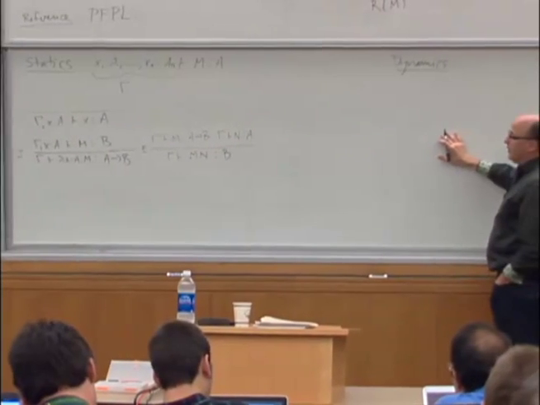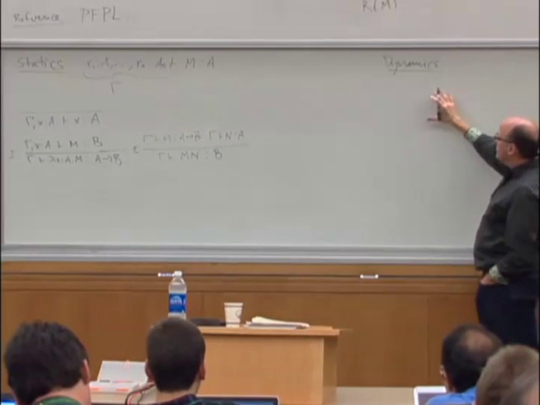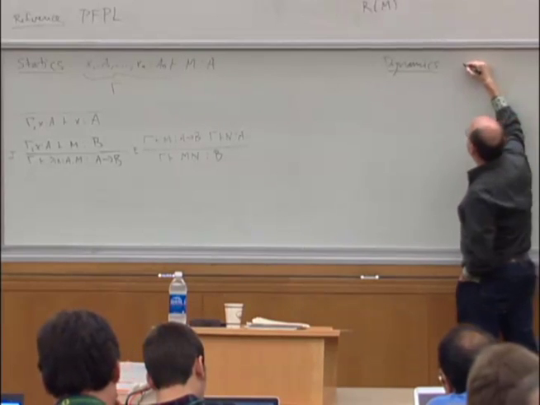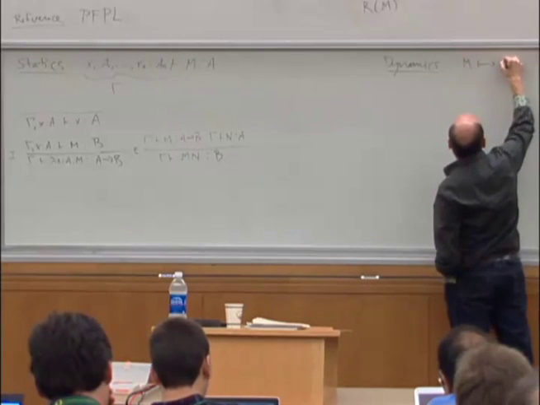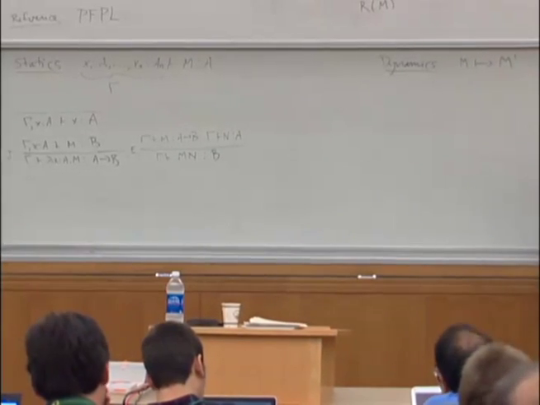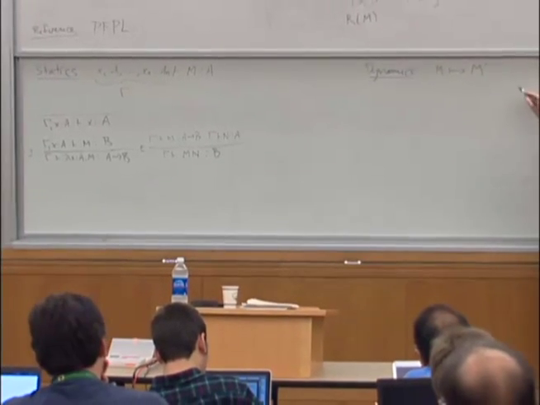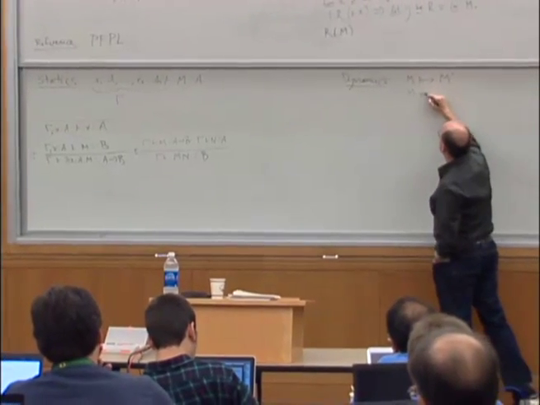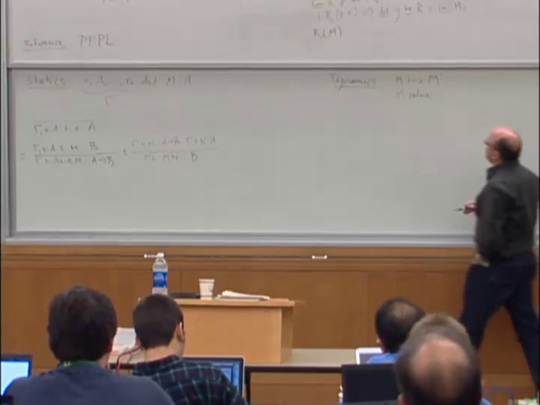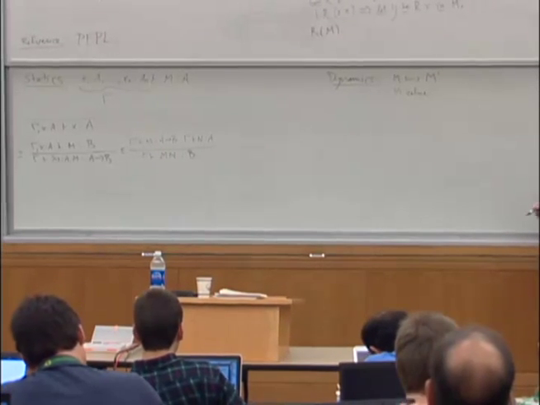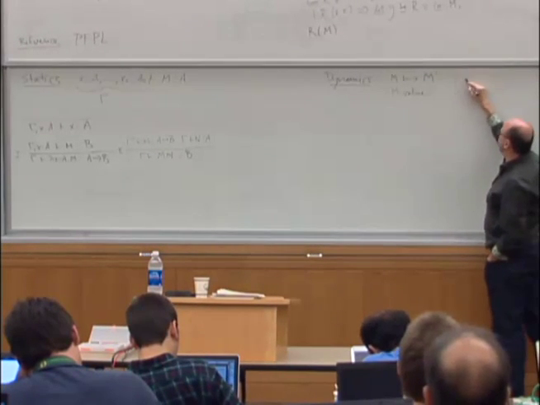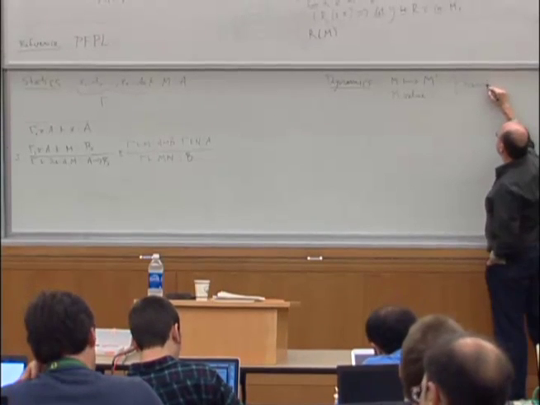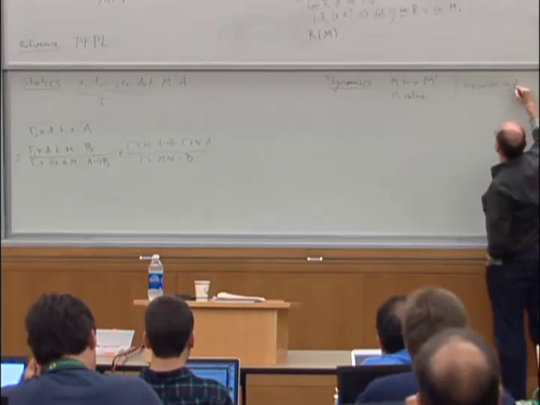He started to talk about beta reduction, and I'm going to define here a restricted form of dynamics, and this is where it becomes sort of more of a programming language. I'm going to define two judgments: what it is to be a value and what it is to take a step. These things together constitute what is called a transition system.